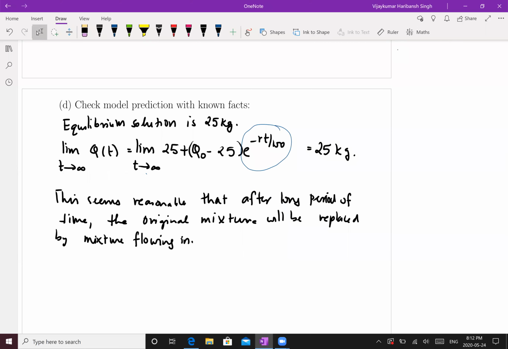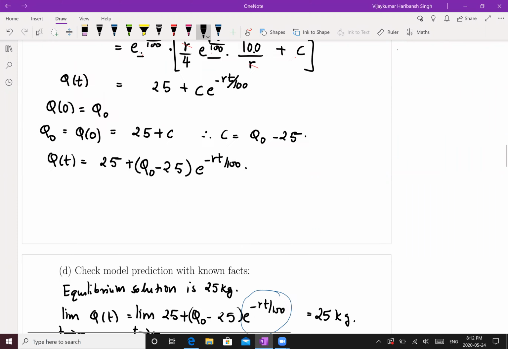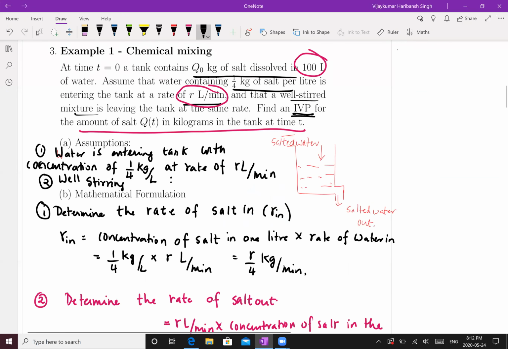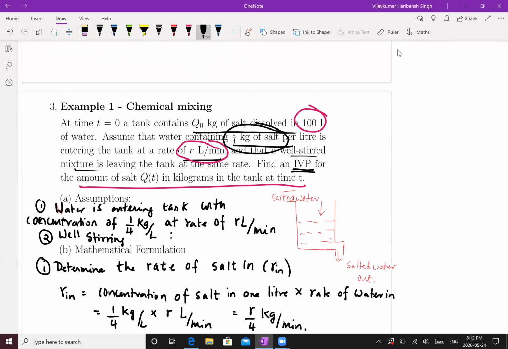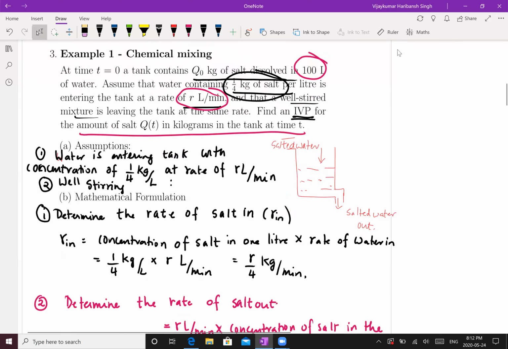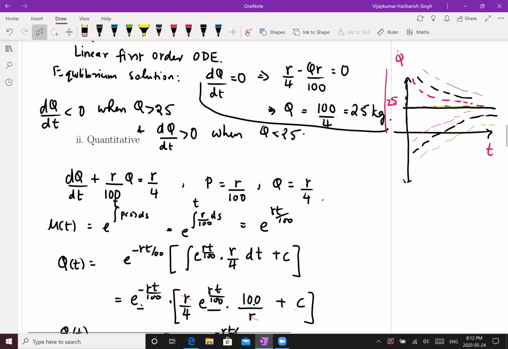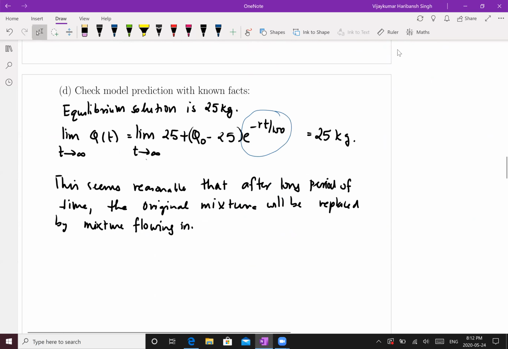And what is the flowing in mixture? The mixture flowing in has a concentration of 1/4 kilogram of salt per liter.